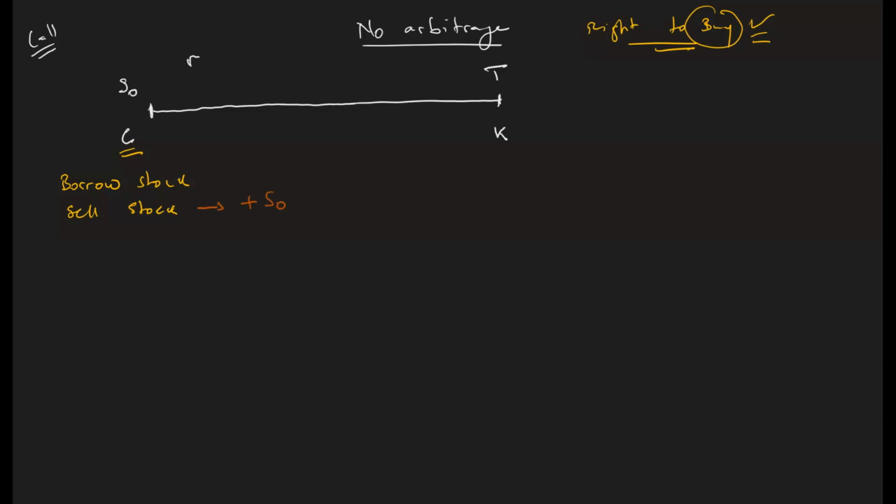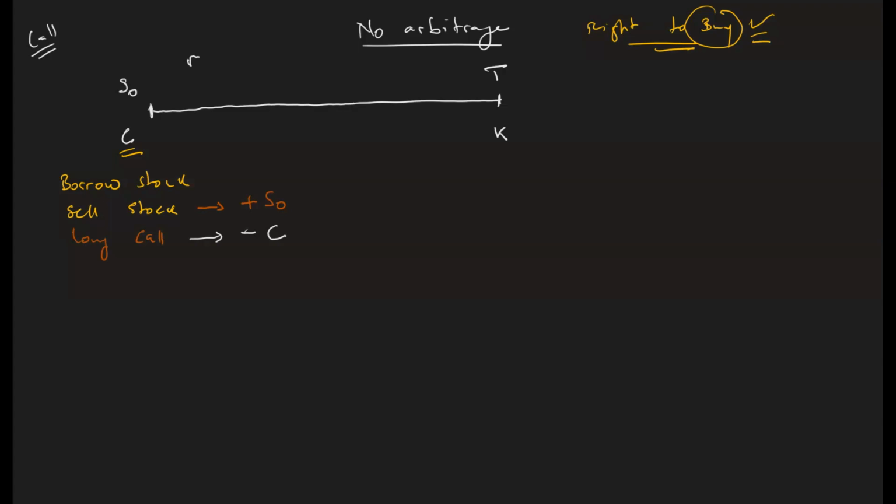At the same time that we're selling the stock, we need to take a long position in a call that would give us the option at some point in the future to buy back the underlying and return it to its owner. So we are also going to go long call. And our long call simply means that we're going to be paying minus the call option value there.